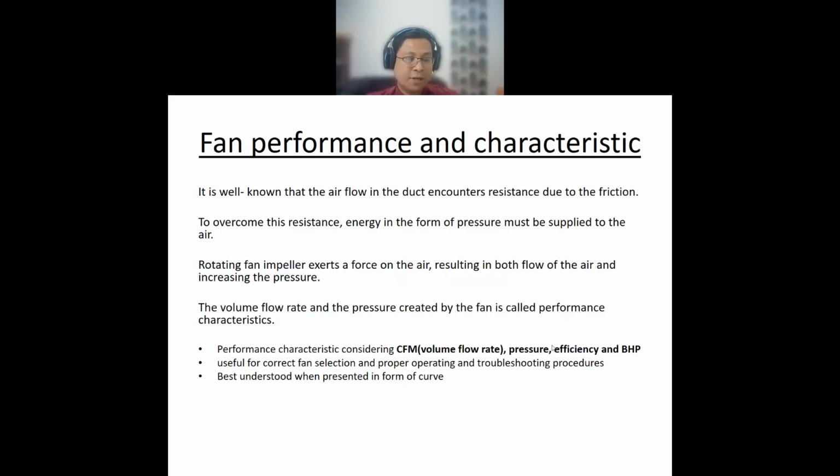The volume, flow rate, and the pressure created by the fan are called performance characteristics. Performance characteristics consider CFM, pressure, efficiency, and BHP. Useful for correct fan selection and proper operating and troubleshooting procedures, best understood when presented in the form of curves.